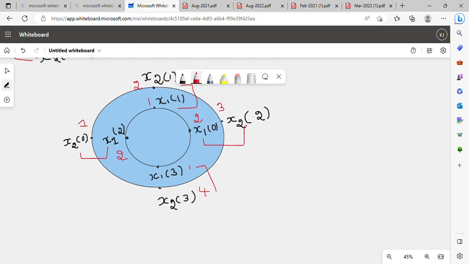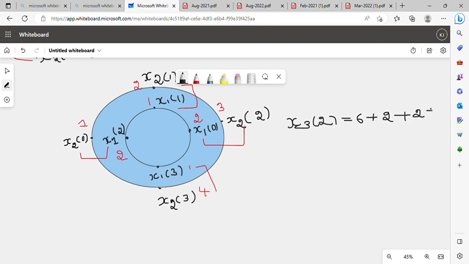So now if I multiply this with this, I get 2 3s are 6. So let me write x3 of 2 is equal to 2 3s are 6, plus 2 into 1 is 2, and here 2 into 1 is 2, and here 1 into 4 is 4.